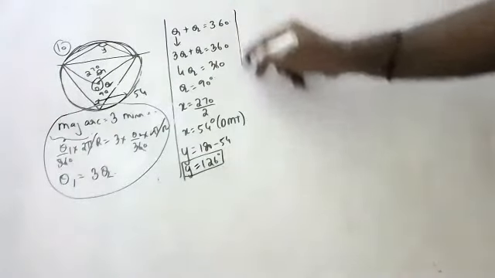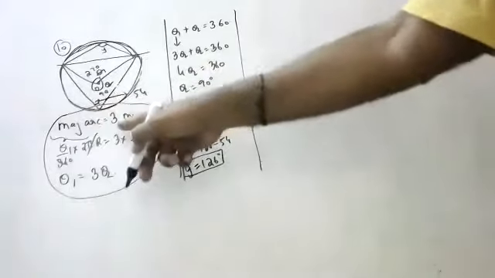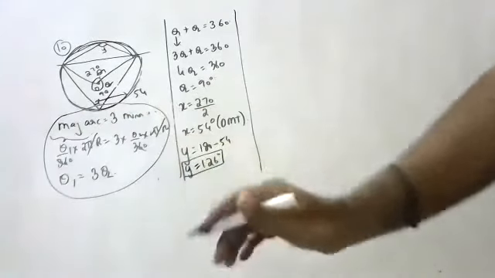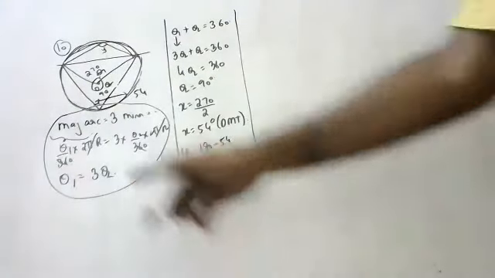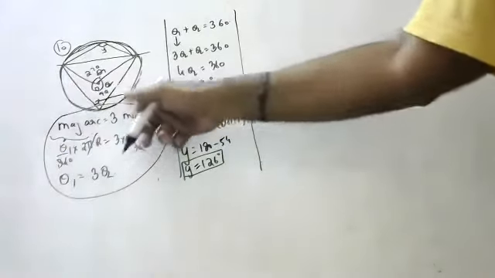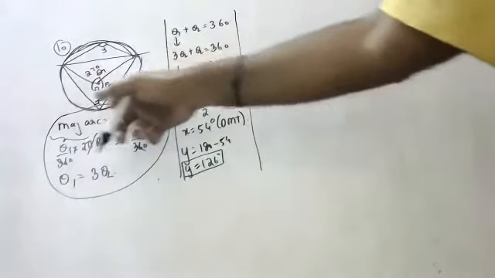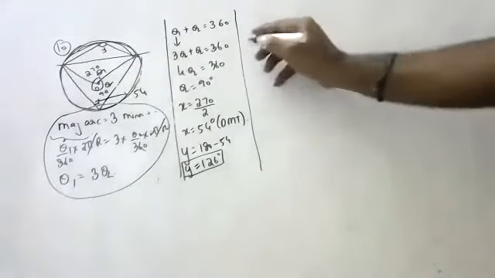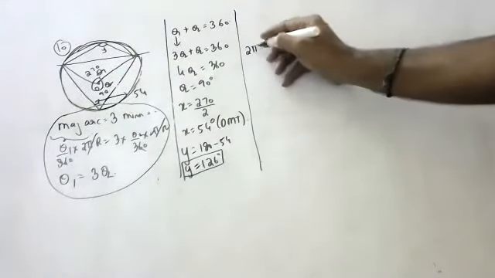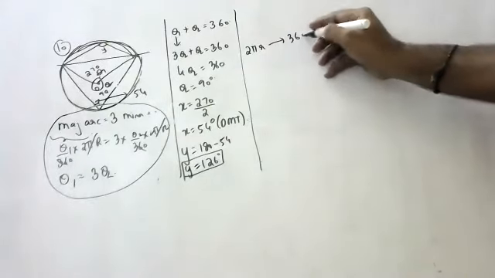So your main question comes here. Major arc is 3 times the minor arc. Children, the formula is theta by 360 into 2 pi r. In this, 2 pi r is the full circle, and the full circle is 360 degrees.